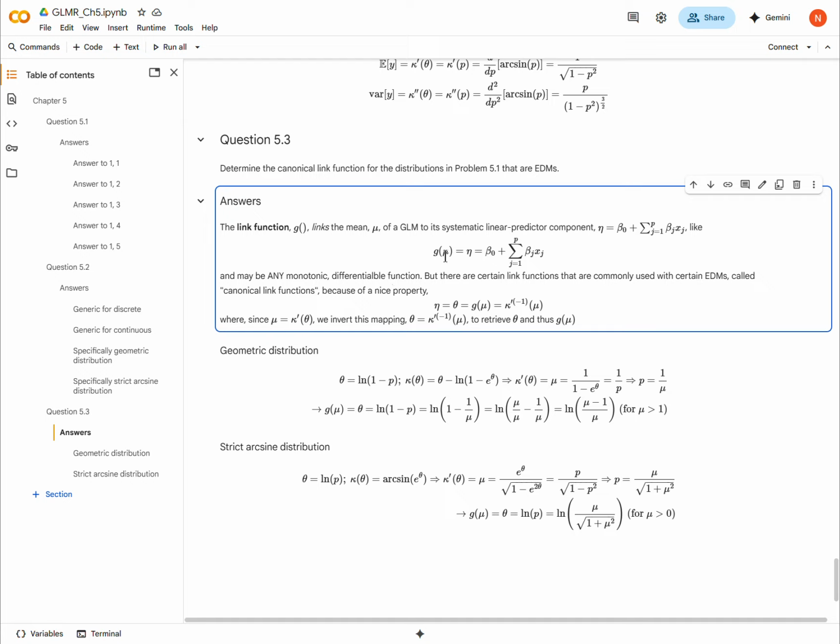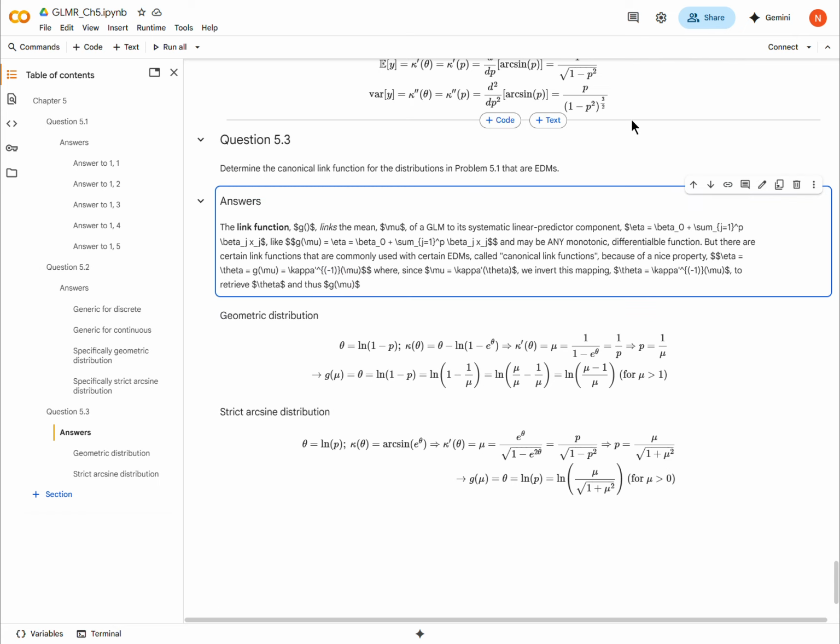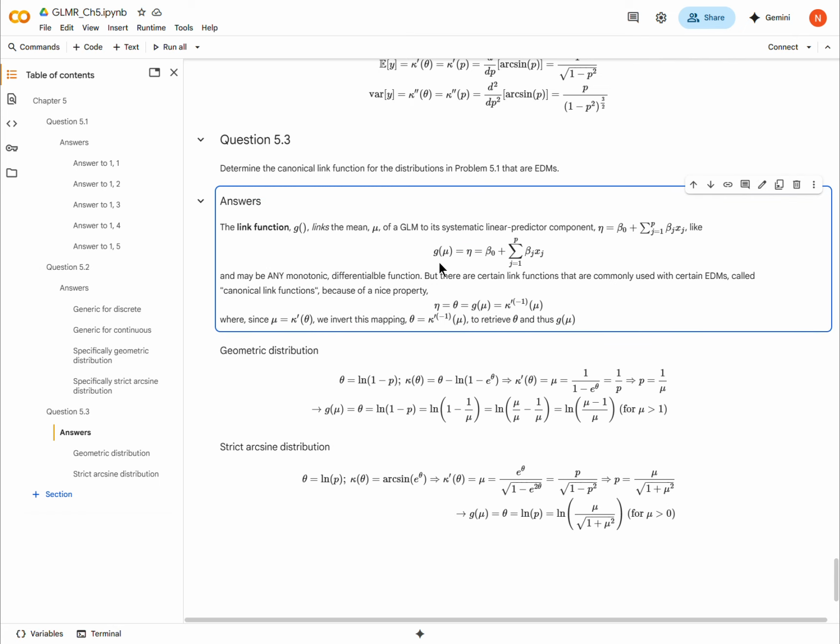For instance, for the Poisson distribution, which you can read about in the book, g would be the log of mu, so the log of mu is equal to the linear predictors, and there are others.